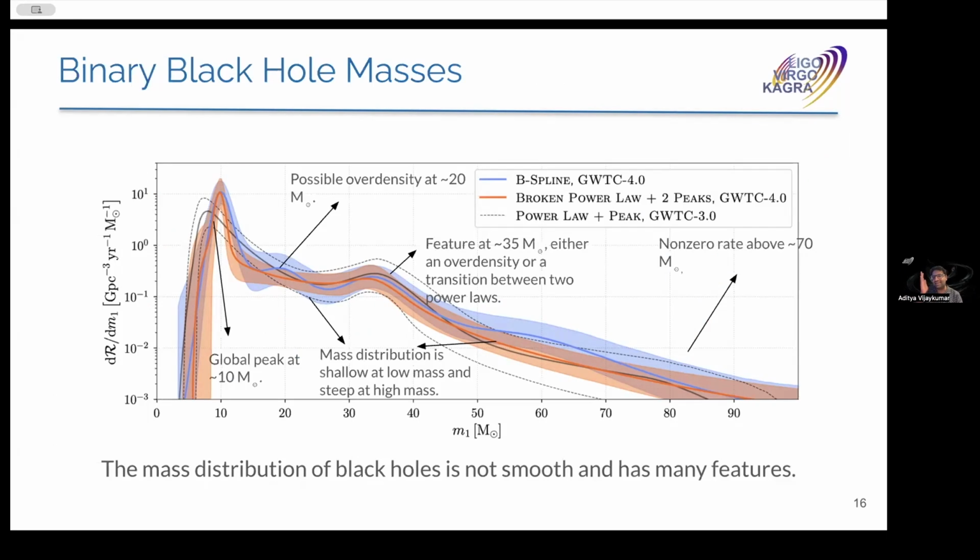So you should ideally see a cutoff in the mass distribution, but we do not see that. There have been other recent lines of evidence which show that while the cutoff does not exist in the primary mass, it could exist in the secondary mass, which might tell us something about how these systems formed and evolved.